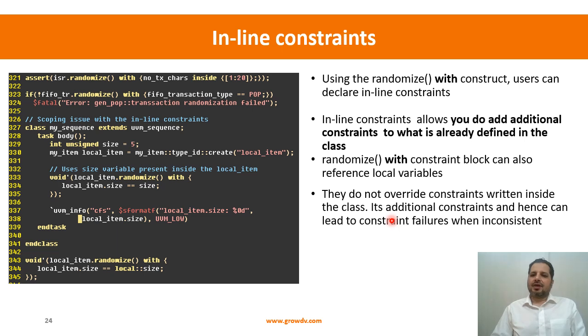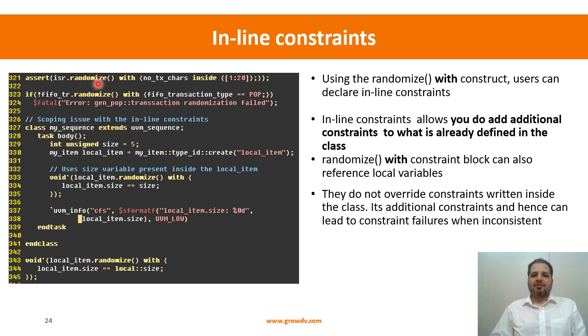Hence they can cause inconsistent constraints, and this can result in failures as well. So inline constraints are additive, they add to the existing constraints, and they are hard constraints.